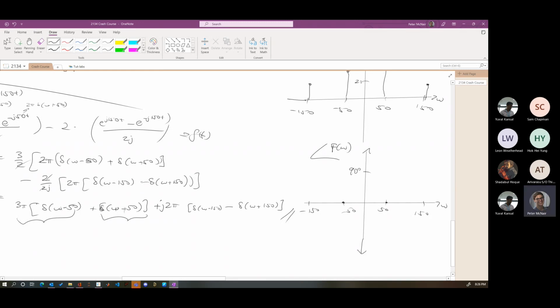Thank you so much. So here we have real values, right? If we sub in an omega, a delta is just going to give us a certain value. So essentially these have zero phase. Here we have a j, and a j automatically puts us somewhere on the plus or minus 90 axis.